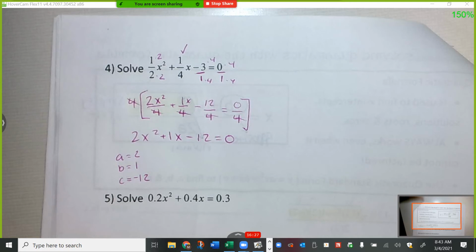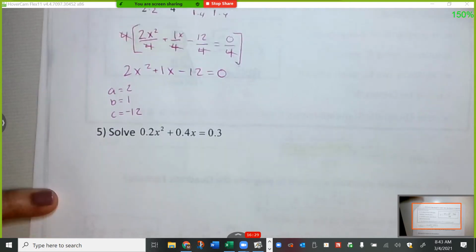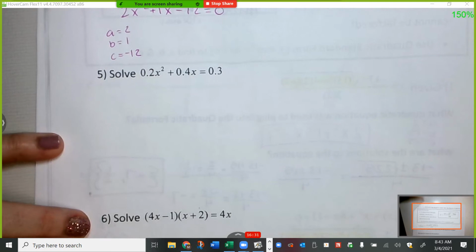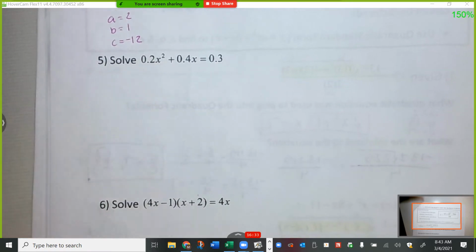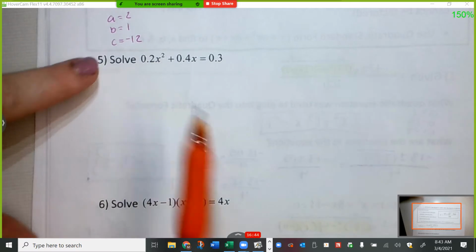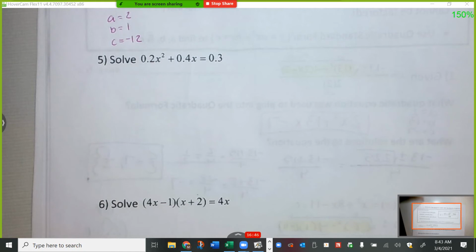Okay, so let's look at number 5. Like I said, we're not going to go all the way through these, but I am going to teach y'all how to set them up, because plugging into the formula never changes. It's going to be just like the other 2 or 3 that we did. Okay, so what's different about this one? They're decimals. And what place are they in? Tens place.